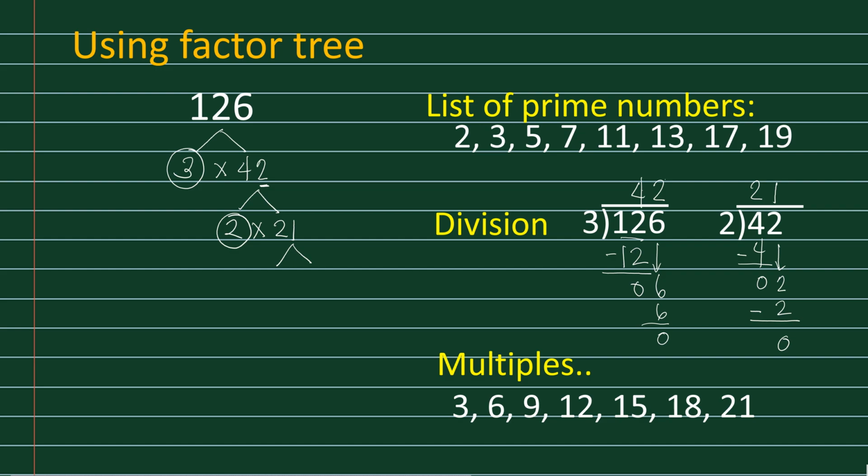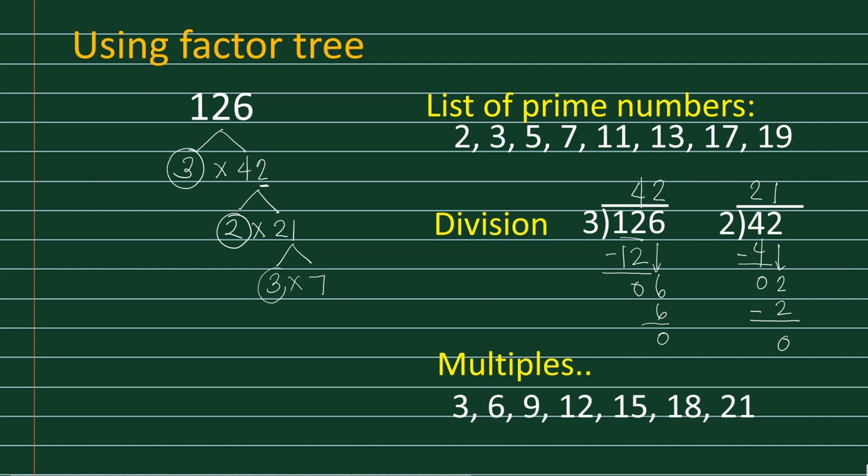So that is 7 pieces of 3. So 3 times 7. If you know your multiplication of 3, then you can easily say that you have 3 times 7 for your 21.